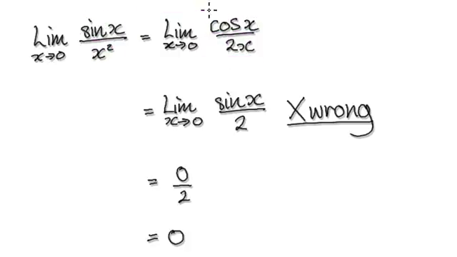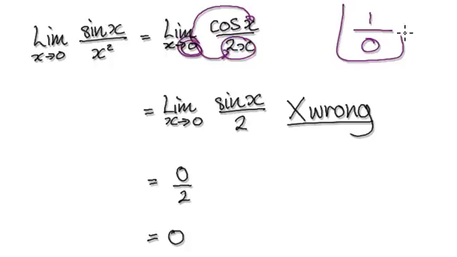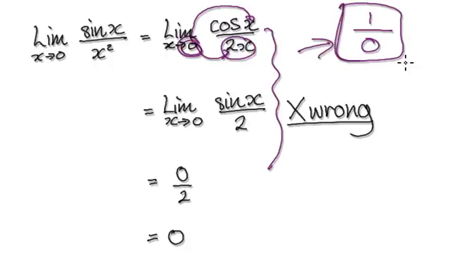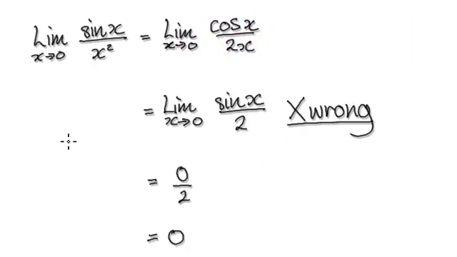But here's where it breaks down, because now if you put 0 into here, cos of 0 will be 1, and then put this into here, you're going to get 0. So here you can't apply L'Hopital's rule. You can't continue. You just have to come to a stop. Here it breaks down. So the moral of the story here is that you've got to make sure it's 0 over 0, and then you can apply L'Hopital's rule. Okay? I will give you some examples in the next video.